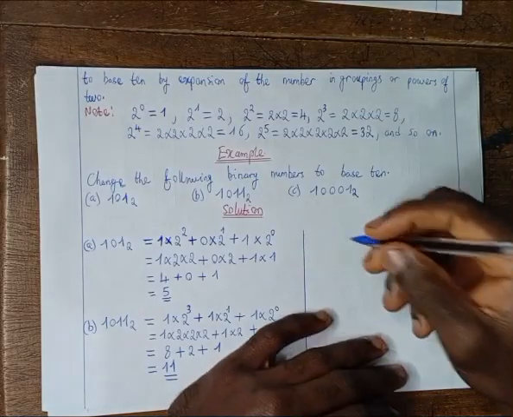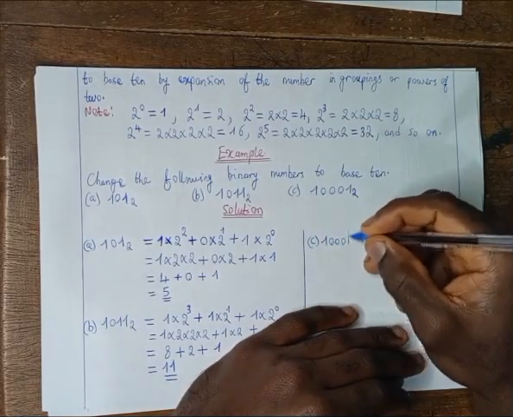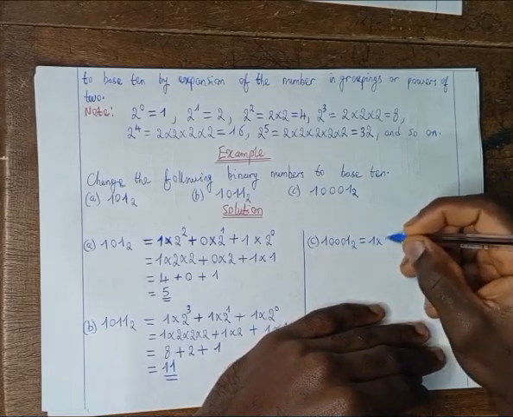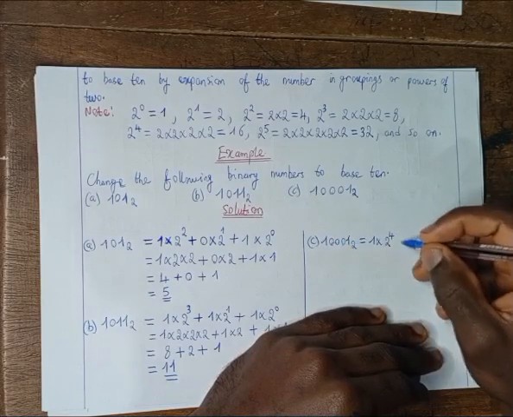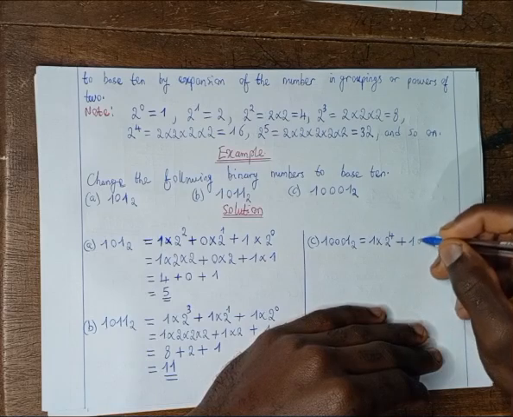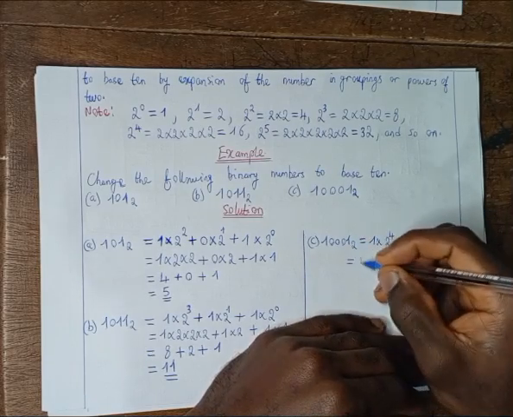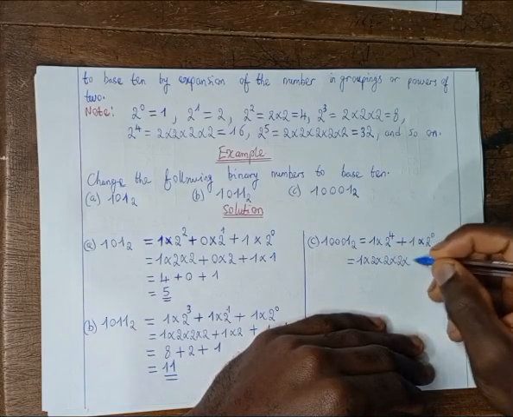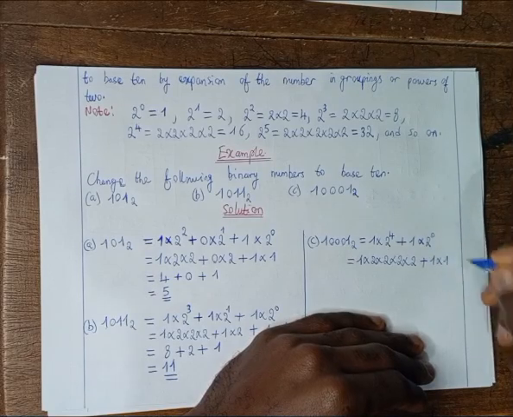For C, we have the number 10001. This will simply give us 1 times the base 2 raised to the power 4, counting 1, 2, 3, 4, plus all the other digits are 0 except the last digit, which is 1 times 2 raised to the power 0. This gives us 1 times 2 raised to the power 4, which is 2 times 2 times 2 times 2, plus 1 times 2 raised to the power 0, which is 1.